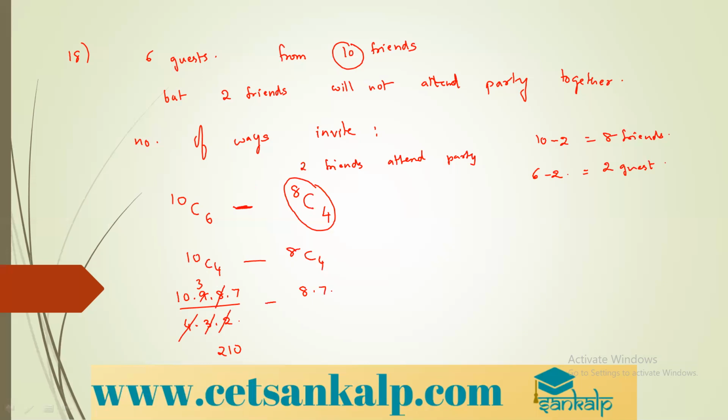Start with 8, 7, 6, 5 by 4 factorial, 4 into 3 into 2. Cancel. Then 4 twos. That means 70. From 210, you have to subtract 70, and that will be 140 ways. That means she can invite the guests in 140 ways.